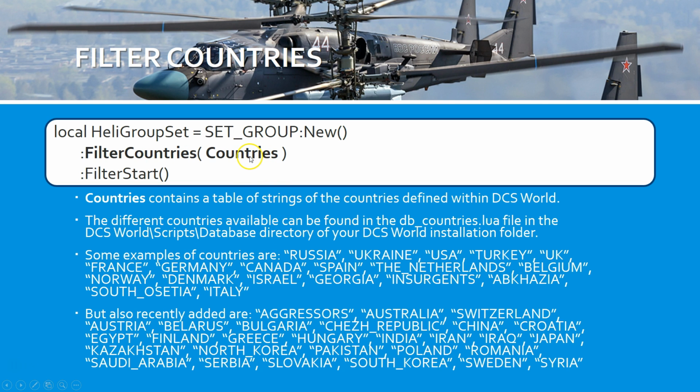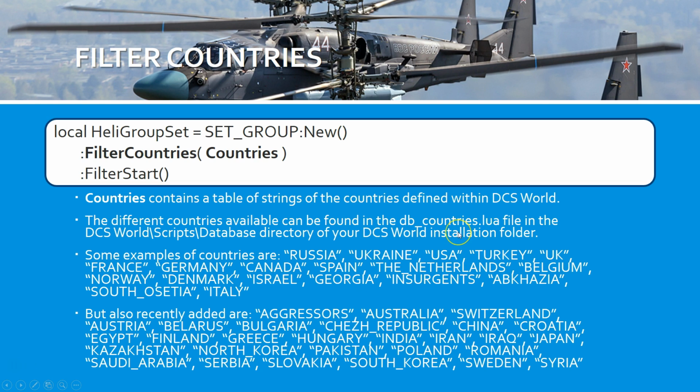Countries is a bit more complicated because countries are dynamically added by Eagle Dynamics in their product. So instead of me hard coding within the framework each country, I am actually following the countries that are being specified by Eagle Dynamics.